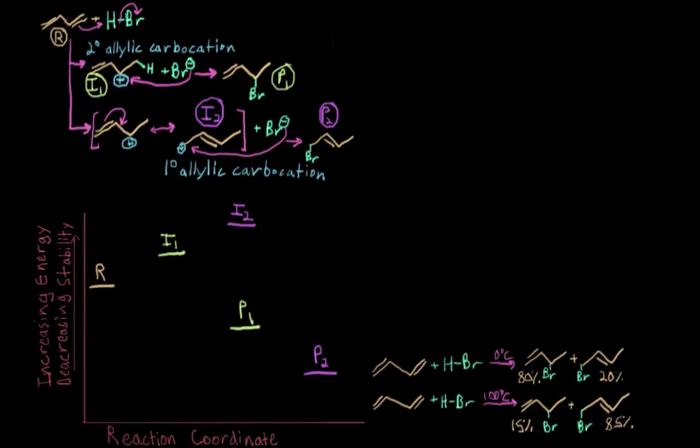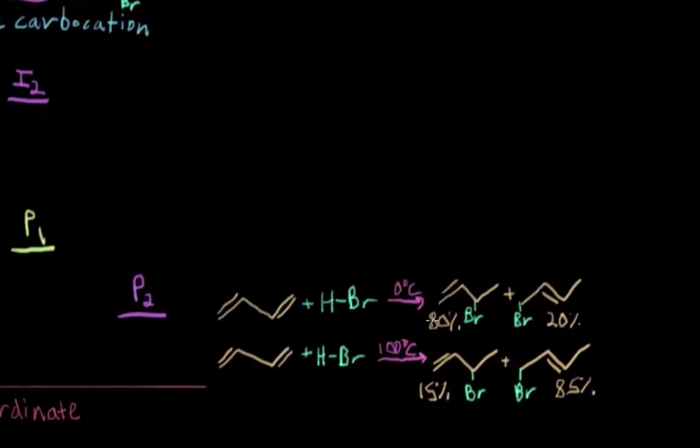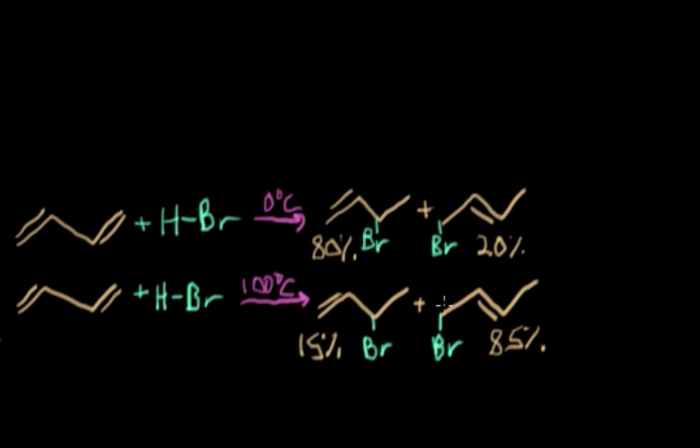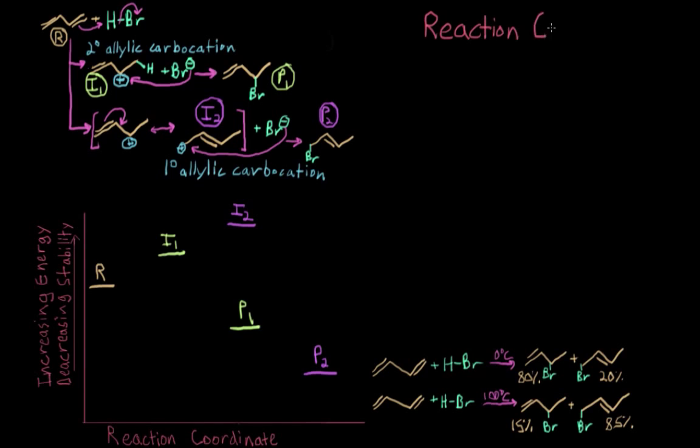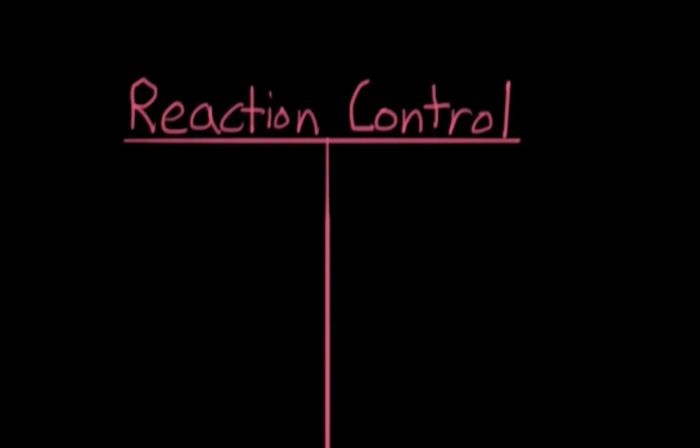And the reason that we get these 2 products, if we look down here again at our 2 different reaction conditions, one at a lower temperature and one at a hotter temperature, is an idea called reaction control. Reaction control falls into 2 categories.